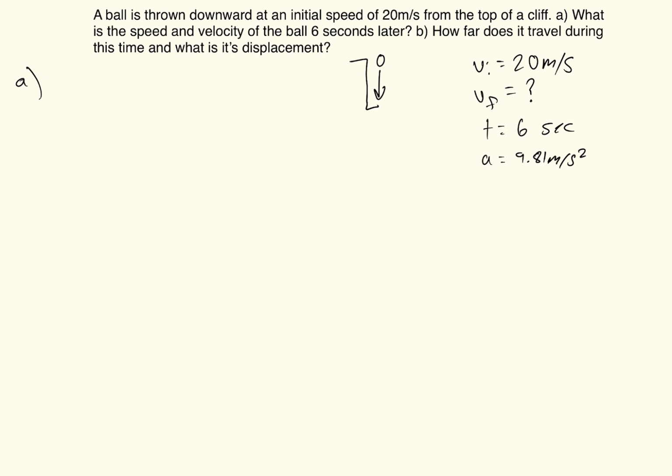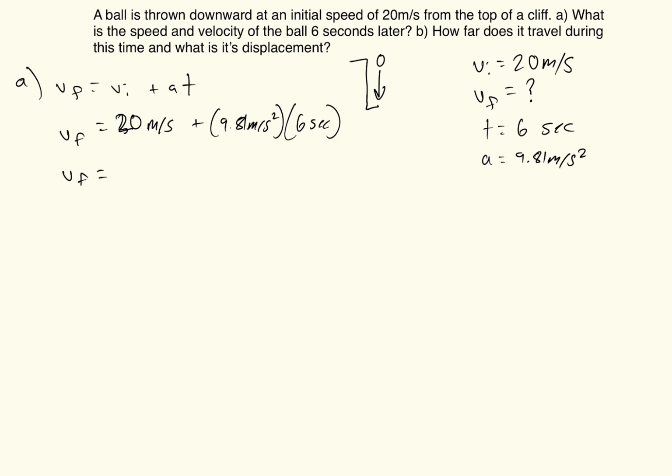So now let's get the speed. Once again, we use the same formula that we used earlier. So Vf is equal to Vi plus At. Our final velocity is equal to 20 meters per second plus 9.81 times 6 seconds.